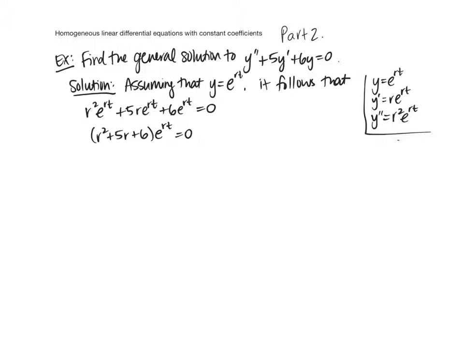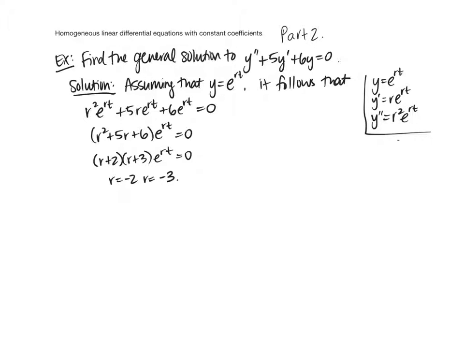And so I know that the function e to the rt does not equal 0 for any value of t. Therefore, the solution must exist when this polynomial is zero. So if I factor that, I get (r plus 2)(r plus 3). So our solutions are r equals -2 and r equals -3.